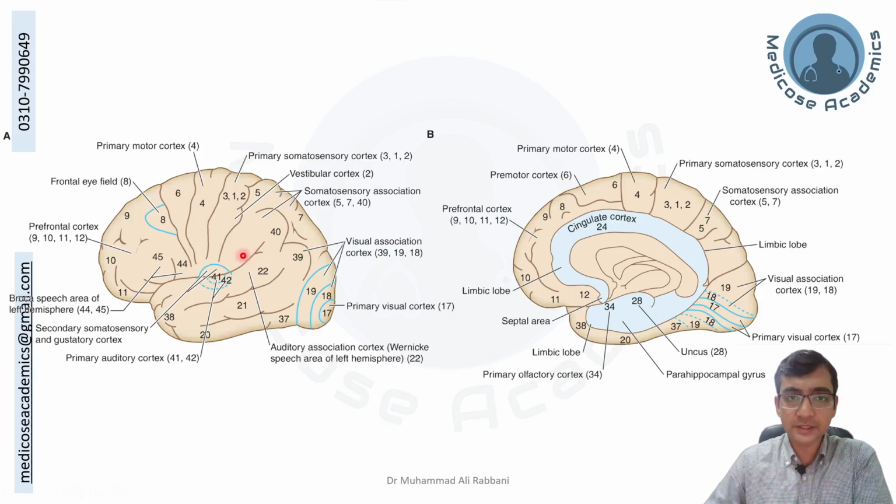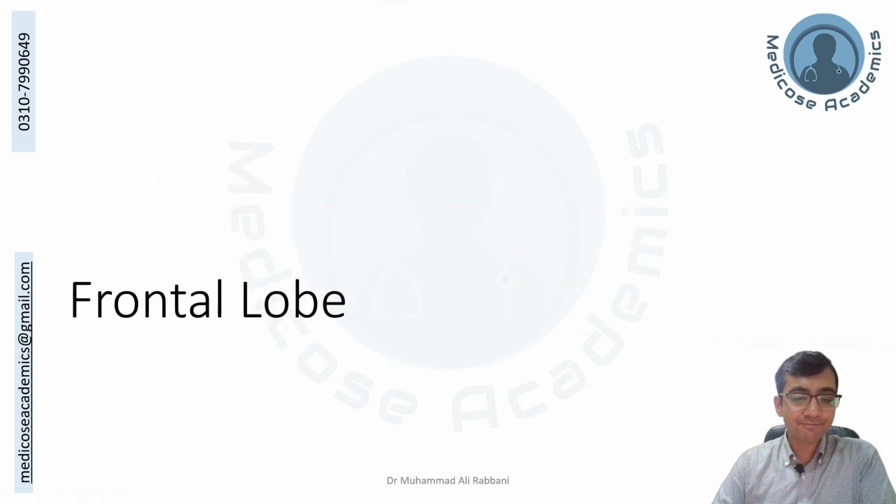So these are the different Brodmann's areas. We will be looking at the most frequent ones, like the frontal cortex, primary motor, premotor, and so on. So this picture can be taken as a reference. I will explain each of these as I move along the lecture.